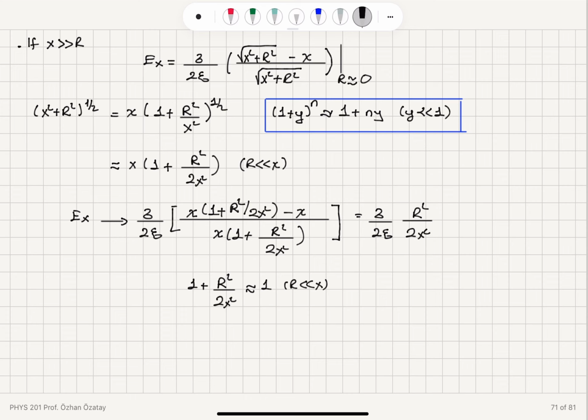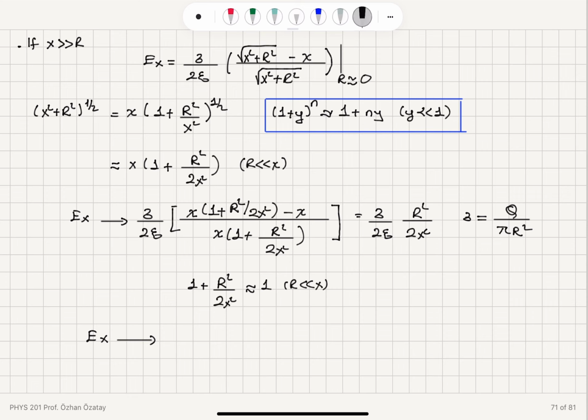And now I recall the charge density sigma for a uniform charge distribution will be equal to the total charge Q divided by the total area of the disk, pi R squared. So the electric field x component then will become the charge density Q over pi R squared divided by 2 epsilon 0.